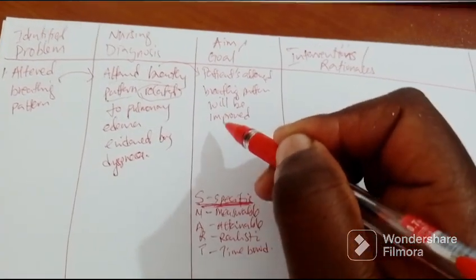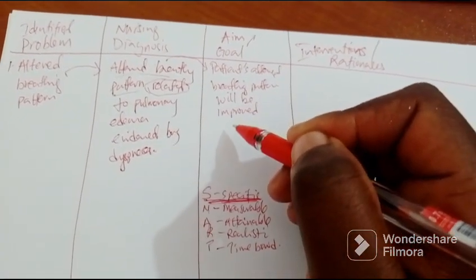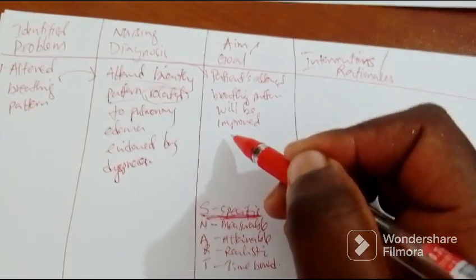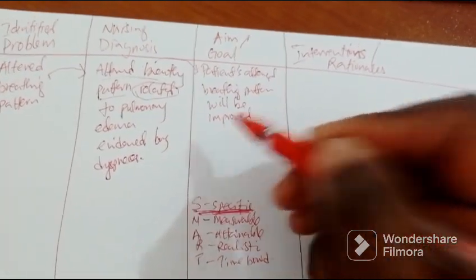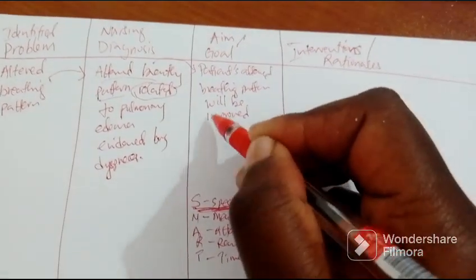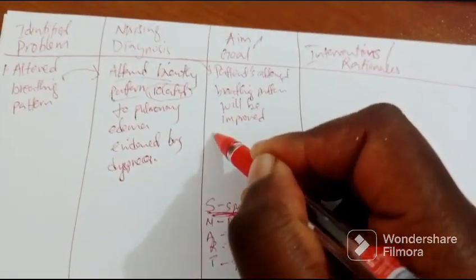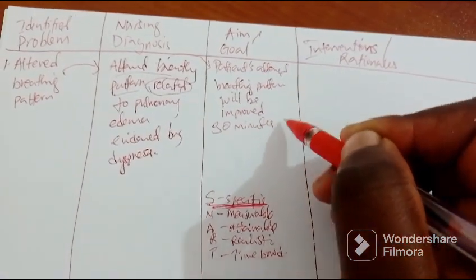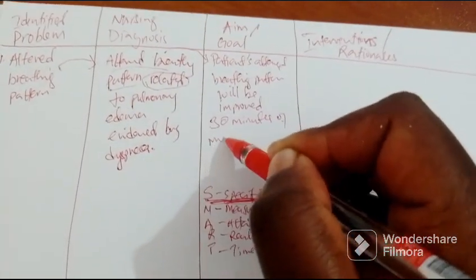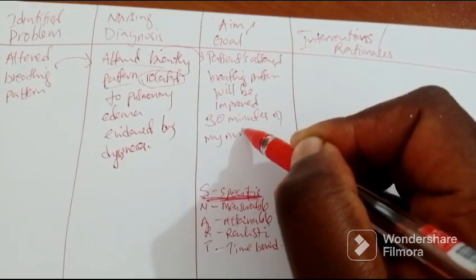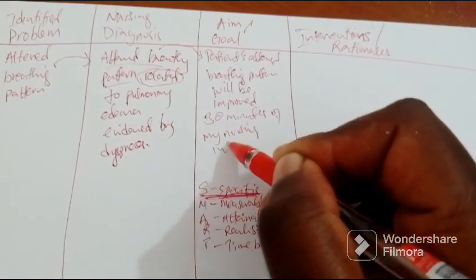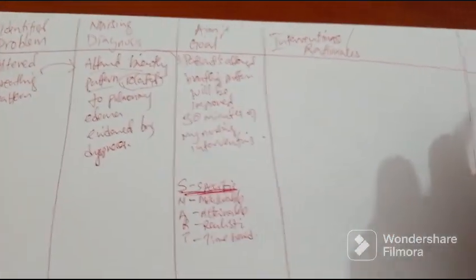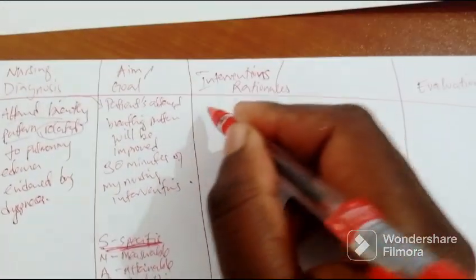Here you can't say throughout hospital stay, because this one is a cardinal sign and symptom which needs to be alleviated as soon as possible. So it should be improved within maybe 30 minutes of my nursing interventions.